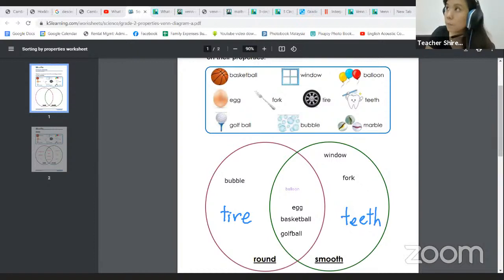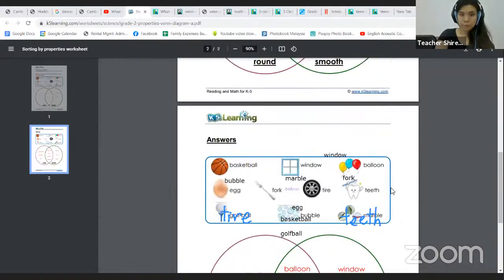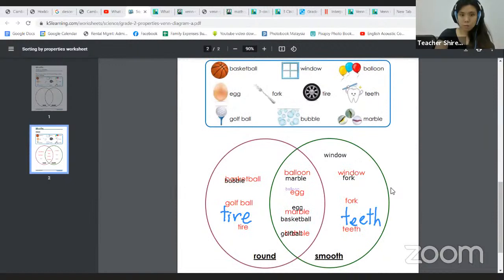Okay, good. Marble: is it round? Yes. Is it smooth? Yes. So it's round and smooth, so marble is in the middle. Teeth: yes, teeth is not round and it's smooth. Fantastic. Understand how to do this? Oh, golf ball is not smooth, apparently.